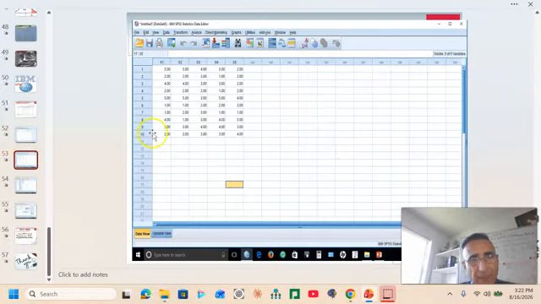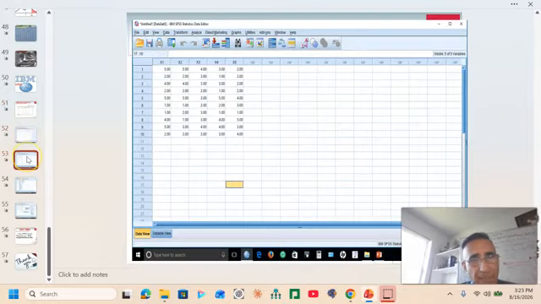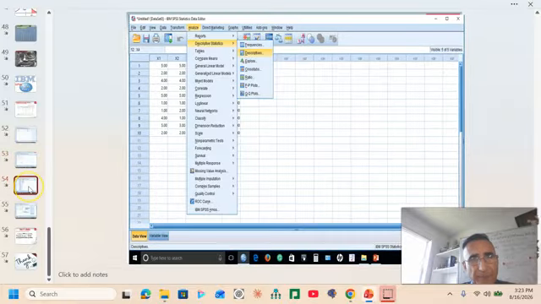And then click on Data View and you'll see those 5, Q1, Q2, Q3, all the way, or X1 and so on. So under X1, you put those numbers, like 5, 2, 4, 2, right here. On X2, you put these numbers in each column. And this is your data entry. You enter them in there.